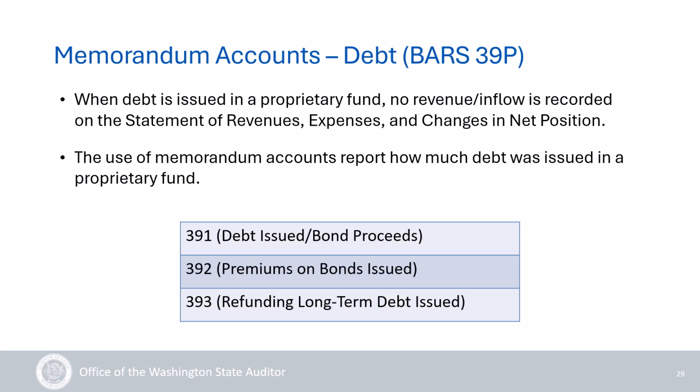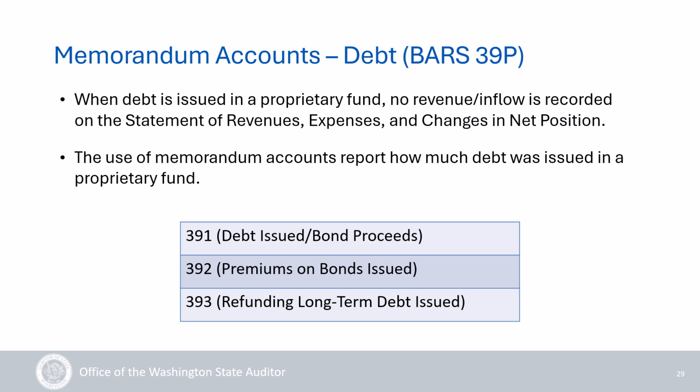Now let's look at the memorandum accounts for debt-related activities a little more closely. When debt is issued in a GAAP proprietary fund, no revenue or inflow is recorded on the statement of revenues, expenses, and changes in net position. Historically, since this activity is not recorded on the operating statement, it would have been omitted from the Schedule 01 to avoid balancing issues that prevented submission of the report.